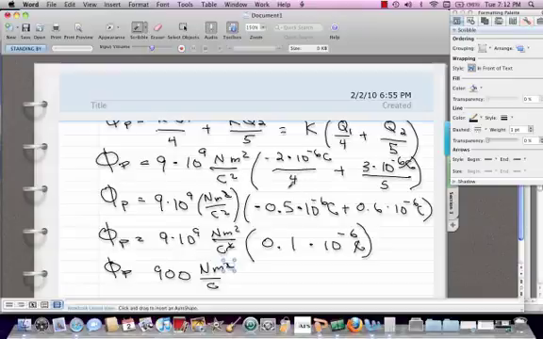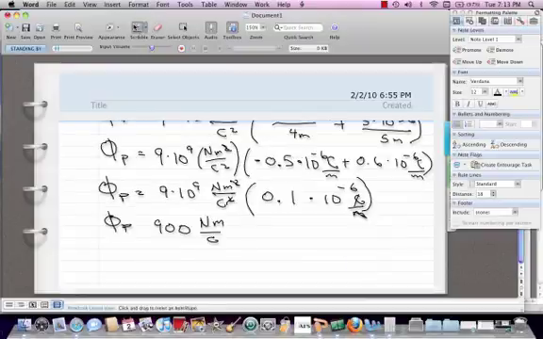Oh, and I forgot my units here. This is a meter here, a meter here, so this should be coulomb per meter. I knew I was missing a unit there. I have a meter here, so one of my meters gets canceled, and I'm left with 900 newton meters per coulomb.